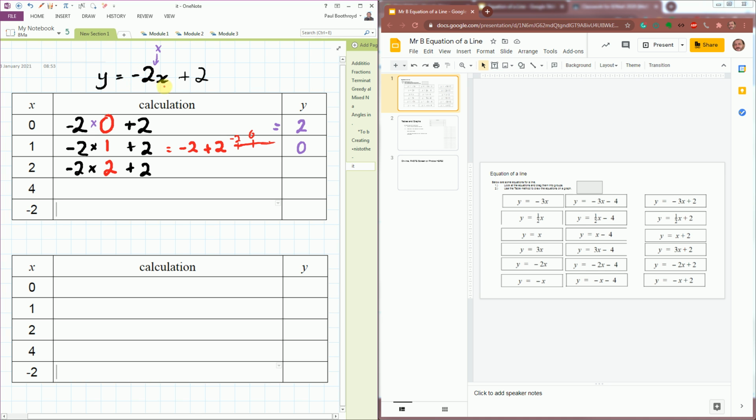Minus 2. Replace x with 0, because we said x is 0 in that line. And add 2 to it. So minus 2 times 0, always do multiplications first. Minus 2 times 0, anything times 0 is nothing. Plus 2 gives me 2. Or use your calculator to bring it up. I'll pull up a calculator and show you on there.